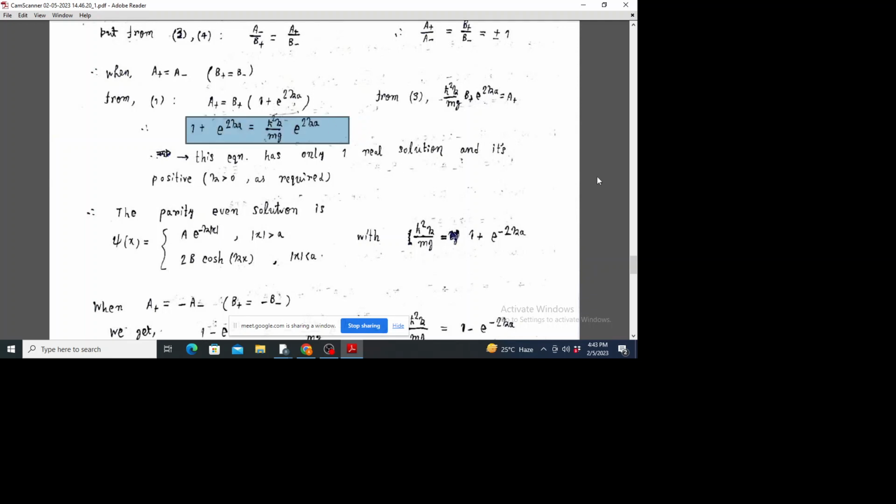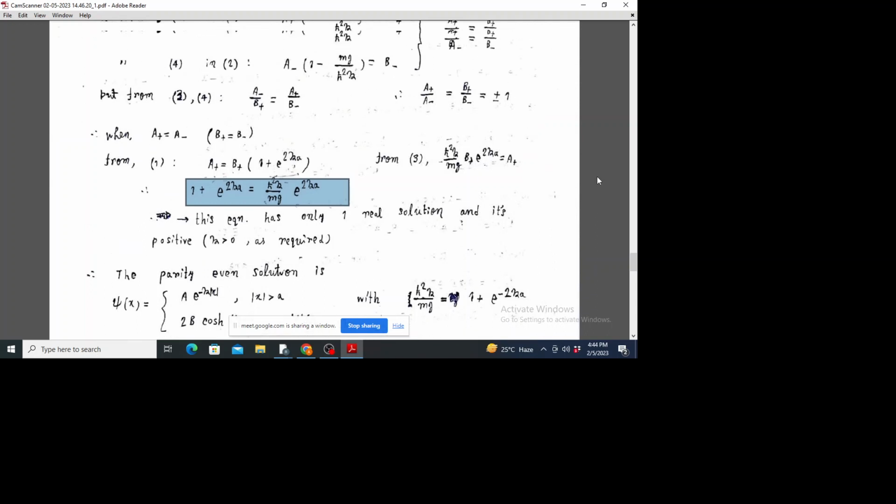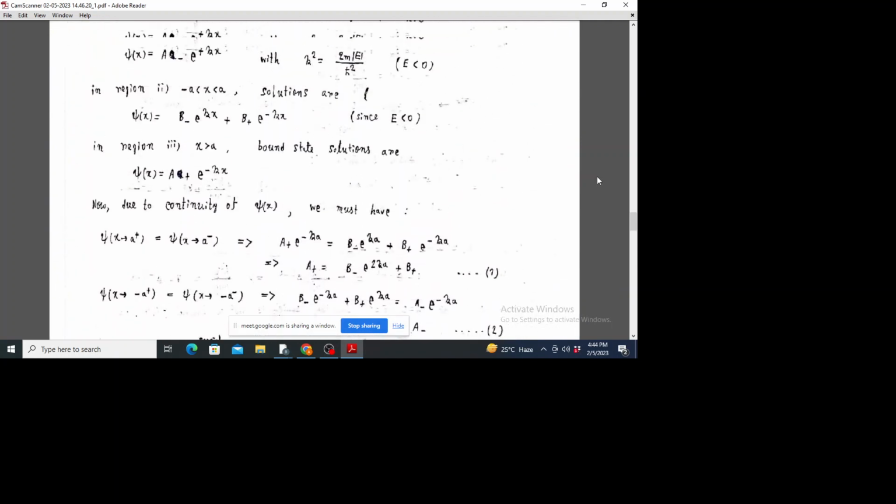So if you solve this equation, you will get a positive solution for kappa, because we need a positive solution for kappa, and that will give you the energy eigenvalue because of this relation. So get a solution for kappa, and you can get the solution for energy eigenvalue using this relation.